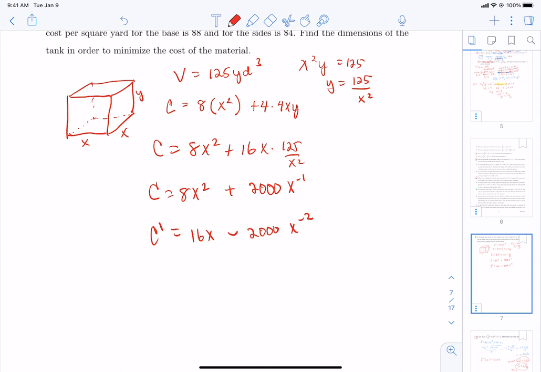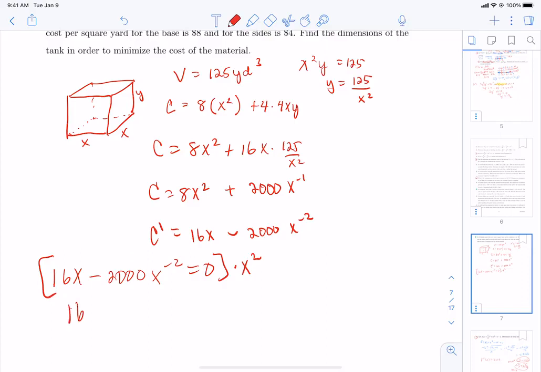Now, we would need to know what are the critical numbers for this. So where is 16x minus 2,000 x to the negative 2 equal to 0? Well, I don't like the fact there's a negative 2 there, so let's multiply everything through by x squared so that we can get rid of that. Now, we know x isn't going to be equal to 0, but we're not going to make a box with no dimension, so we can disregard that worrisome problem.